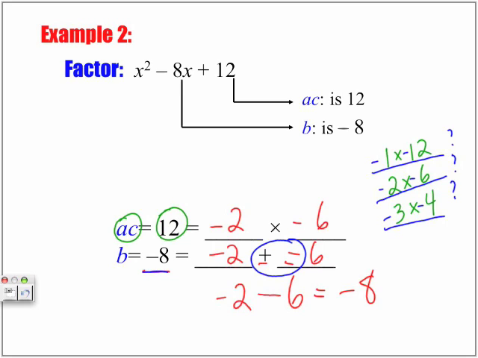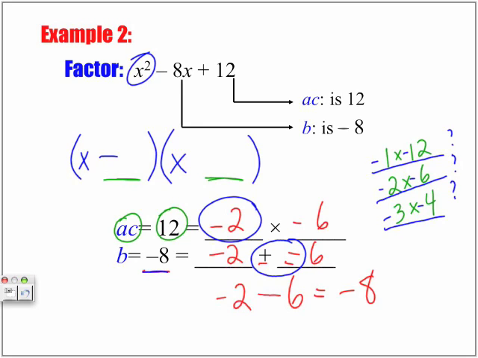we can put in what our binomials are. And remember what we said. We open up a set of brackets. We find the square root of our first term, which is the square root of x squared, which is x, and we place that as the first term in each bracket. And because we are multiplying binomials, our second terms are negative 2 and negative 6.